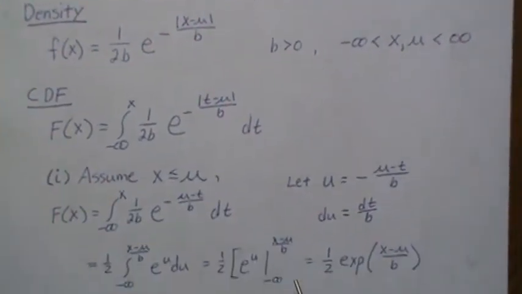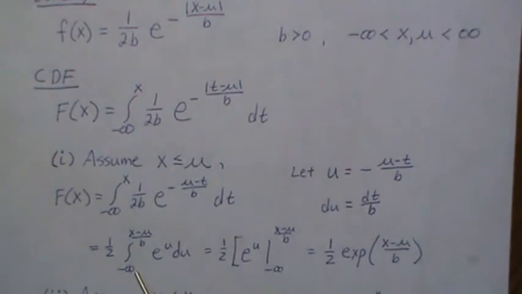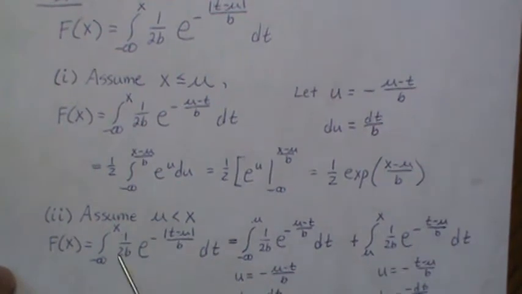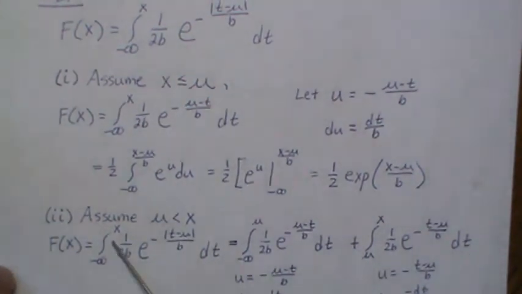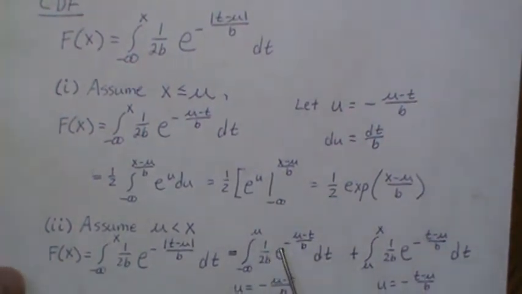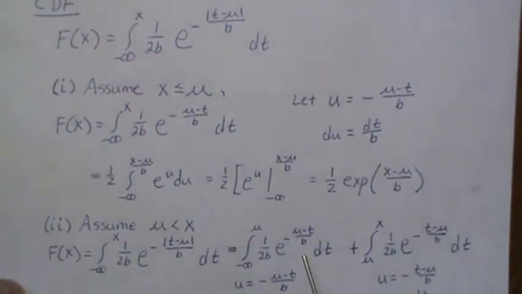So x is greater than mu, so this is the start, but then we split this integral at mu. We go from negative infinity to mu and mu to x. And by default we know this is 1/2, but we're going to derive it anyway just for practice.